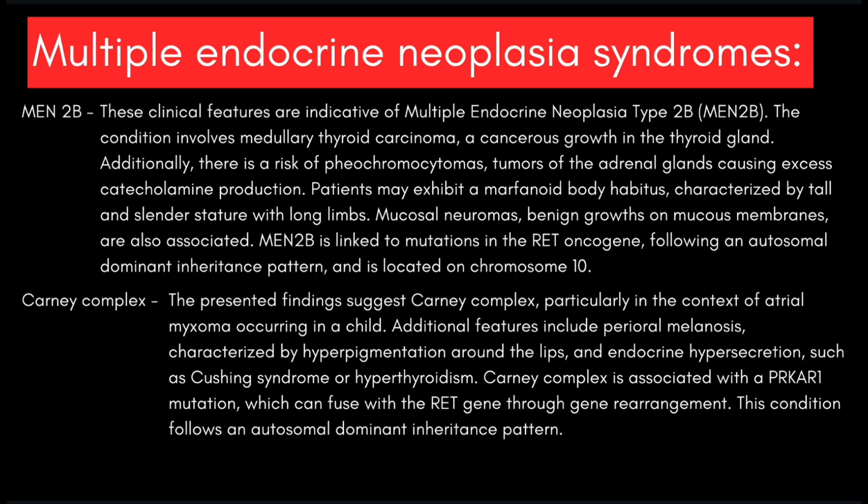Next, we have the Carney Complex. This is usually presented in the context of an atrial myxoma occurring in a child. We'll be covering atrial myxomas more in the cardiology high-yield review series, so don't worry if you don't know what that is right now. Additional features found in Carney Complex include perioral melanosis characterized by hyperpigmentation around the lips and endocrine hypersecretion such as Cushing syndrome or hyperthyroidism.